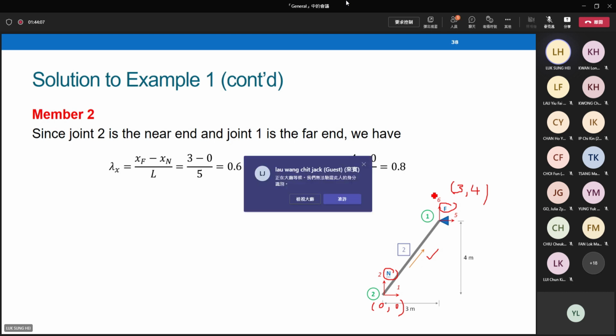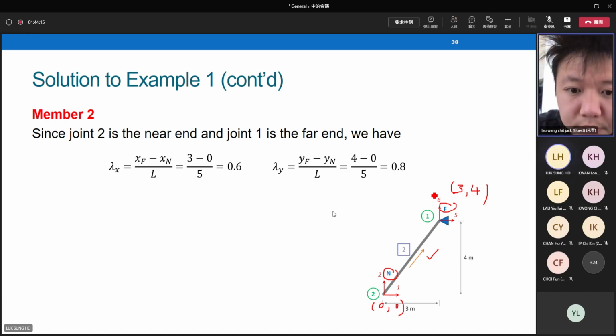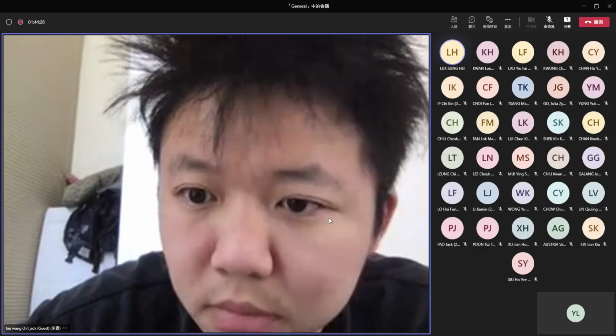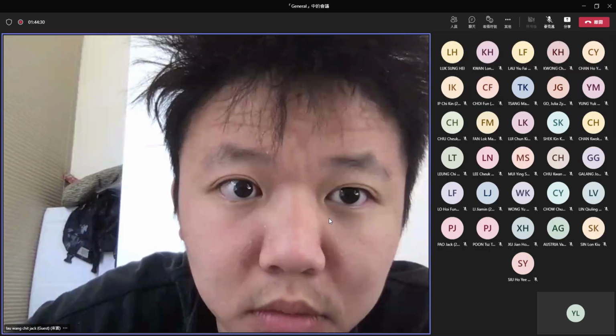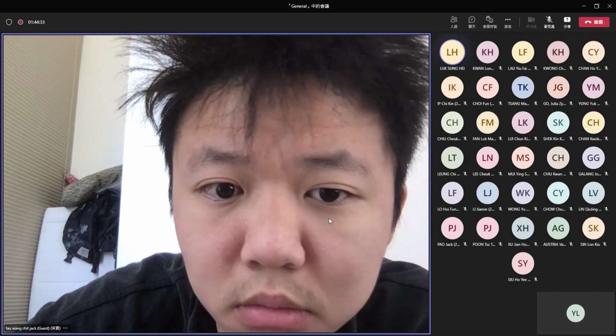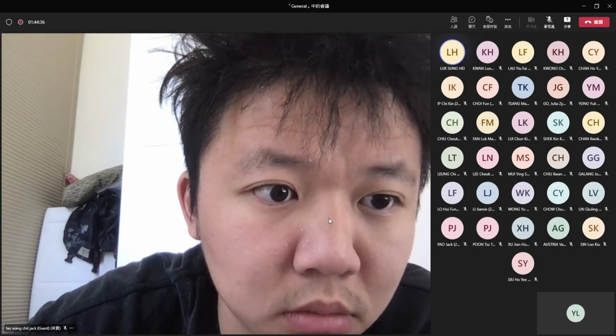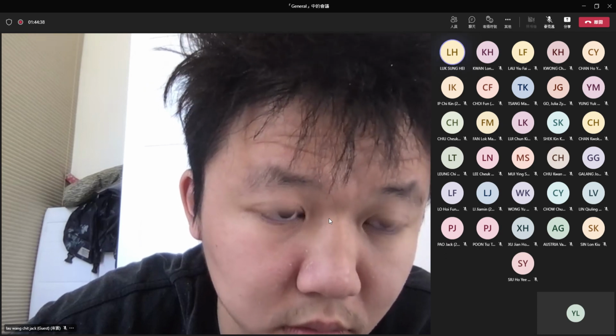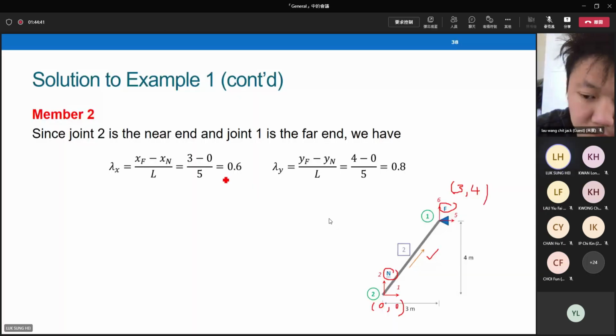So we know xf, yf, and xn, yn. You can use the same equation to evaluate lambda x and lambda y. Okay, it's clear now. Just use the same equation actually.